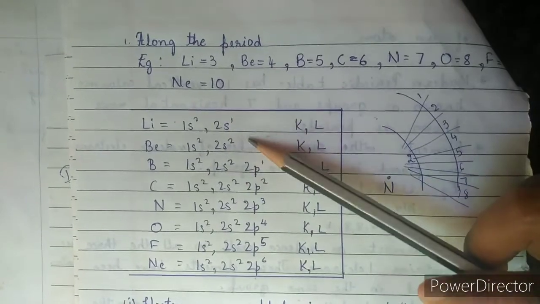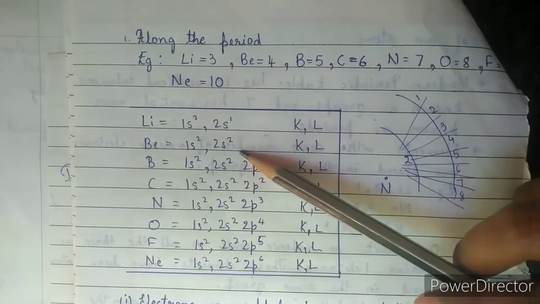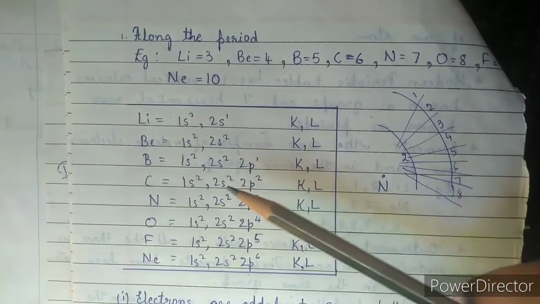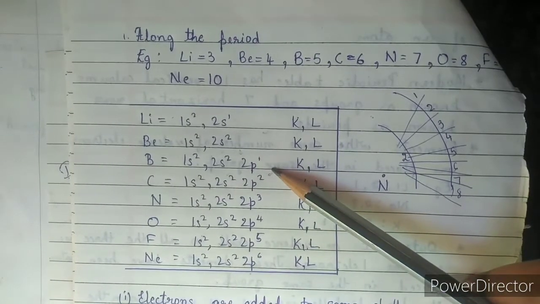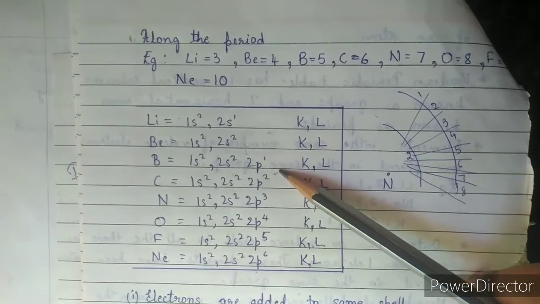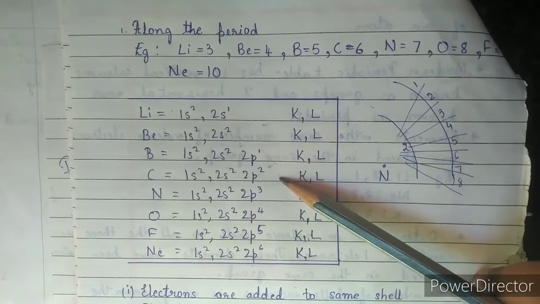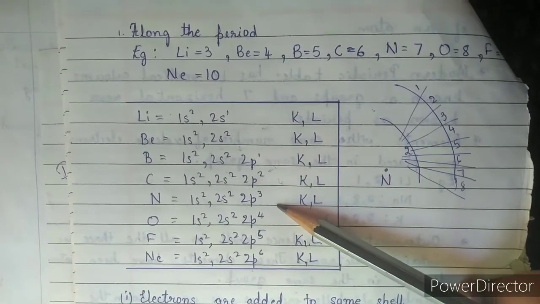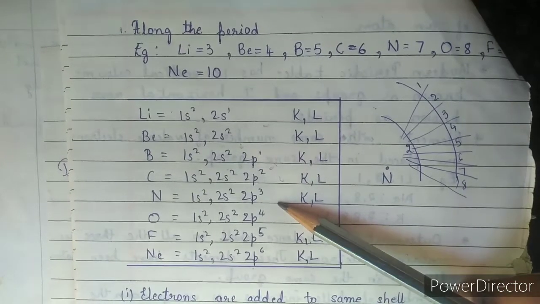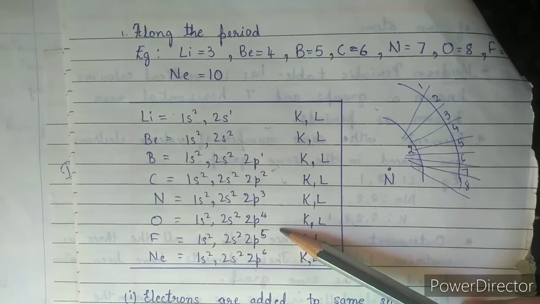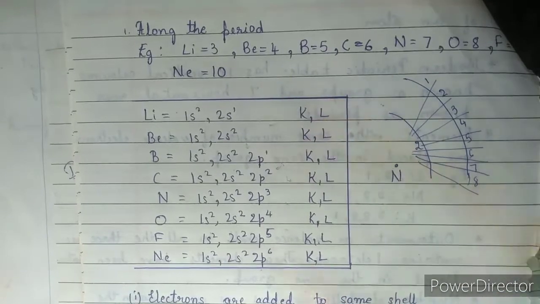Lithium is 1s2 2s1, beryllium is 1s2 2s2, boron is 1s2 2s2 2p1 because it has 5 protons; the atomic number of boron is 5. Carbon is 1s2 2s2 2p2, nitrogen 1s2 2s2 2p3, and oxygen 1s2 2s2 2p4.